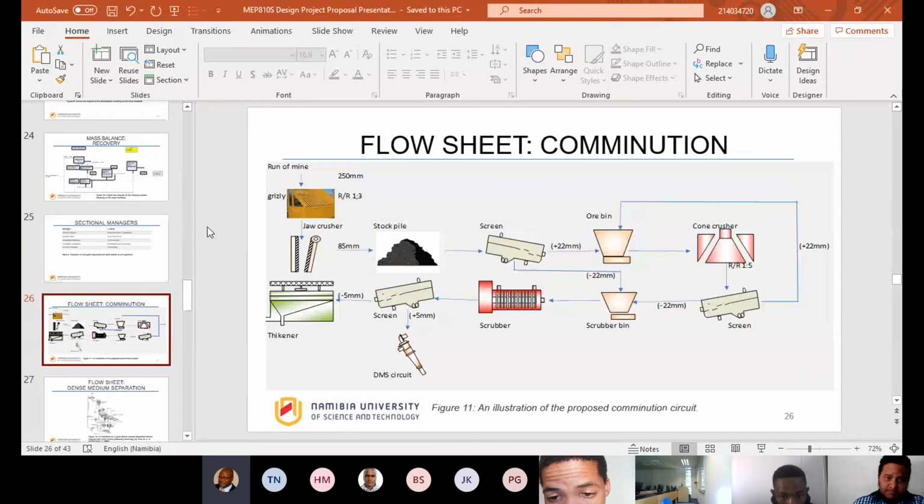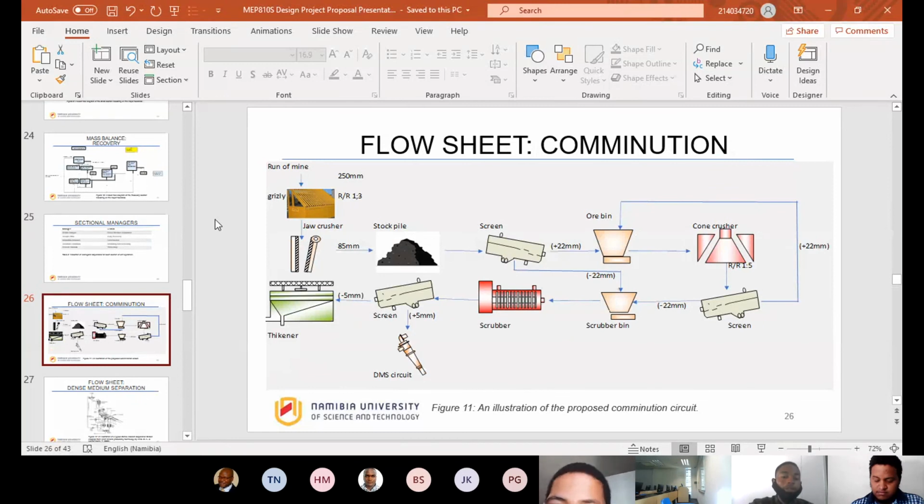I don't know where that came from. After the screening, going to the scrubber bin, you've got minus 22 millimeters. Why particularly 22? Where did you get it from?